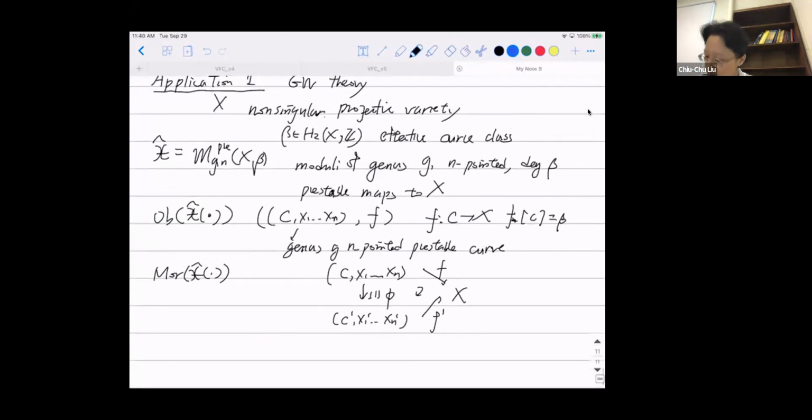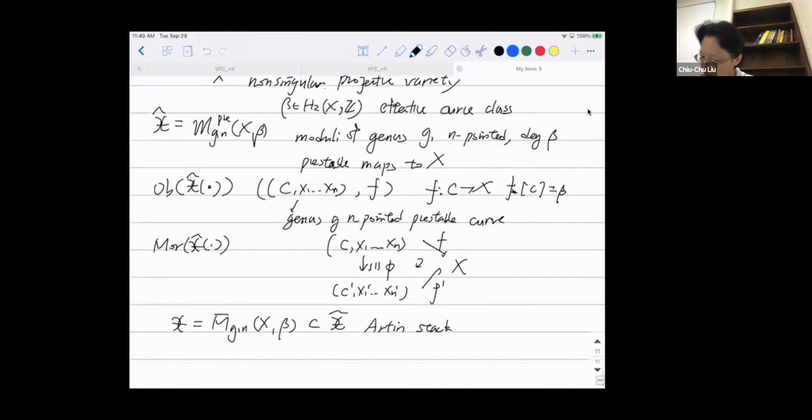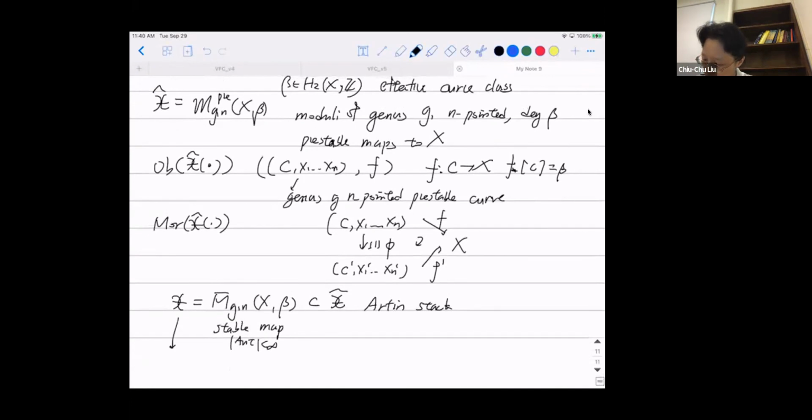Okay, so now the R_X in the Gromov-Witten theory will be the moduli space of stable maps. So this is usually a singular Artin stack, right? And then there's some stability condition, like we require the map to be stable. If we assume X is projective, this is actually a proper Deligne-Mumford stack.